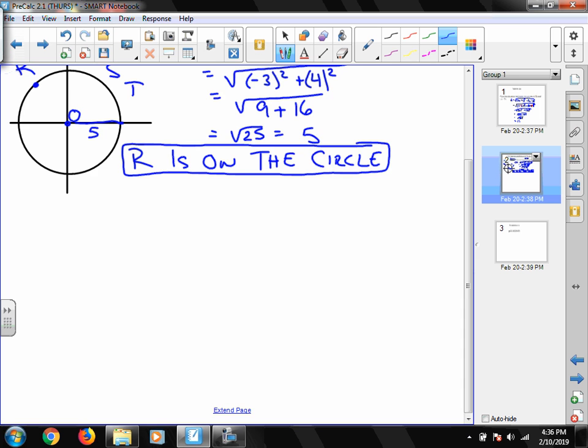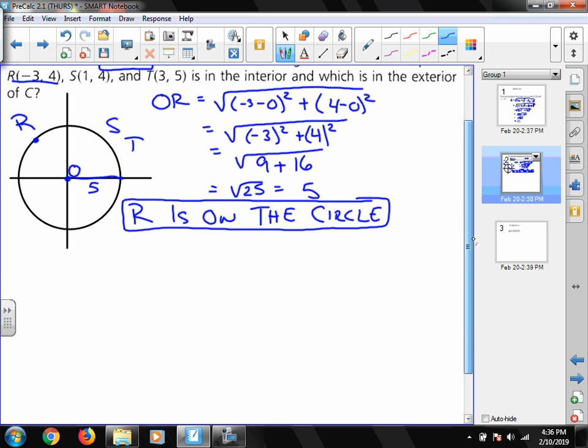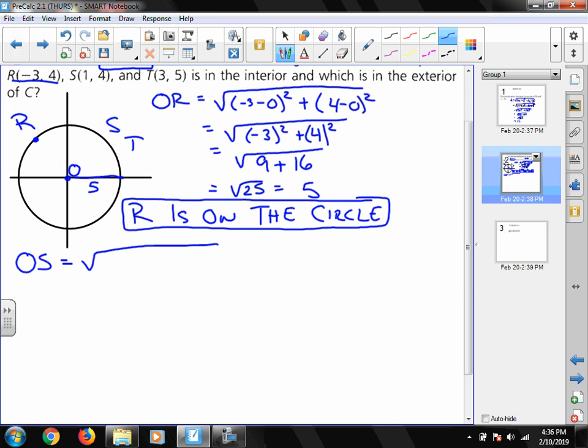And I need to do the same thing with S. So I'm going to go OS. And I'm going to try and go a little faster on these. You guys don't need to watch me square things and add them. You guys are seniors. You know what you're doing here.